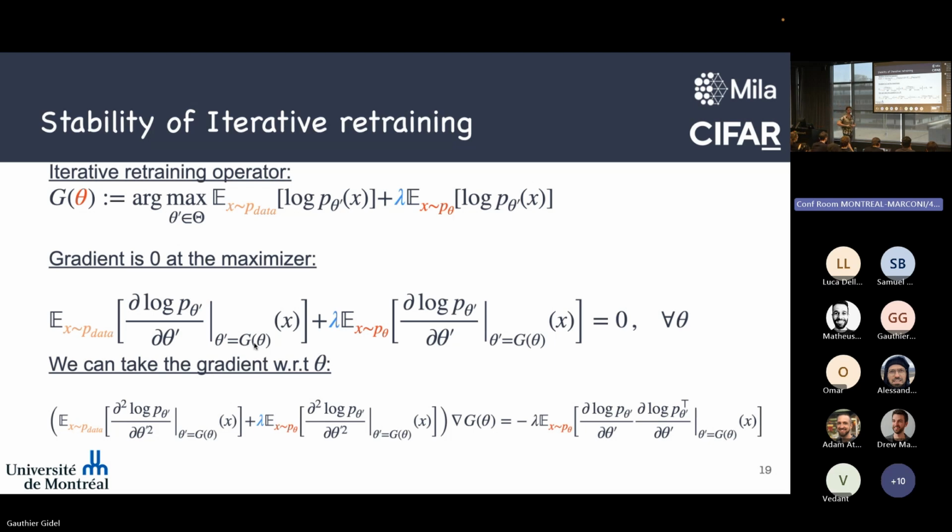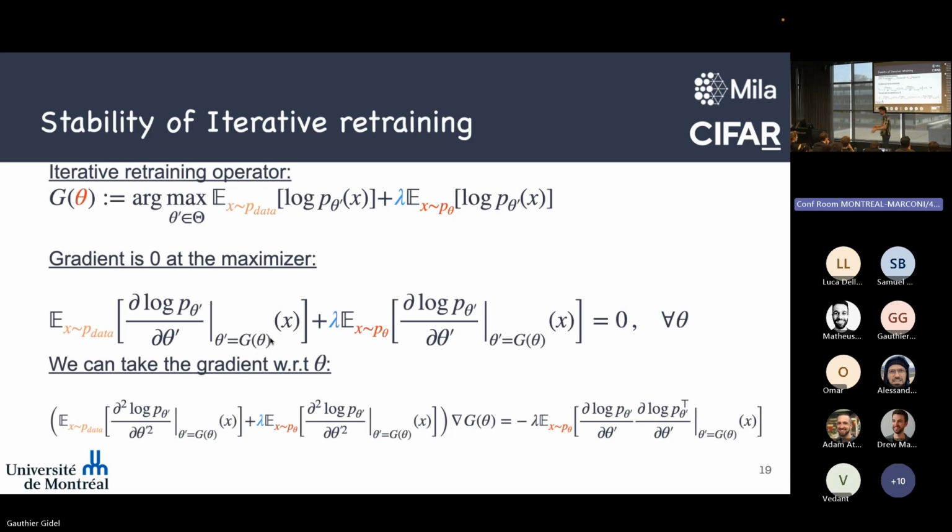It's the maximizer, so the gradient is 0 at the optimum. This is just what's written here. I took the gradient with respect to theta prime, evaluated it at G theta, and we know it's 0.